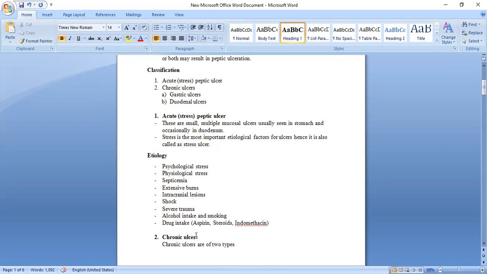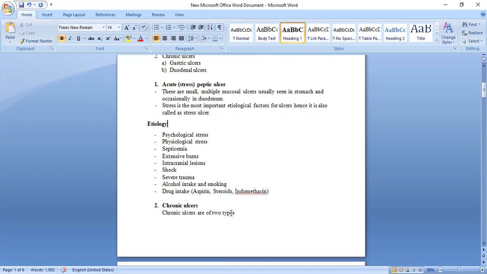So aspirin, steroids, indomethacin, these are the other etiological agents. But the most important etiological agent is stress.